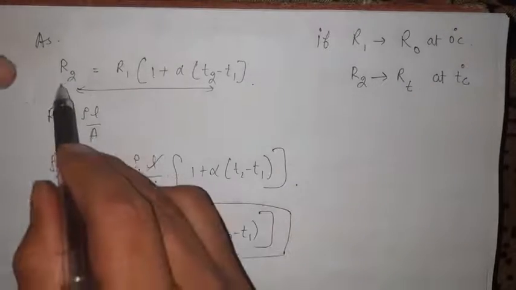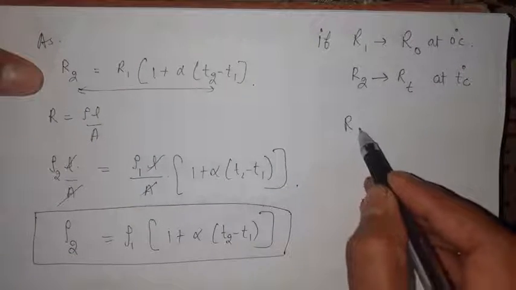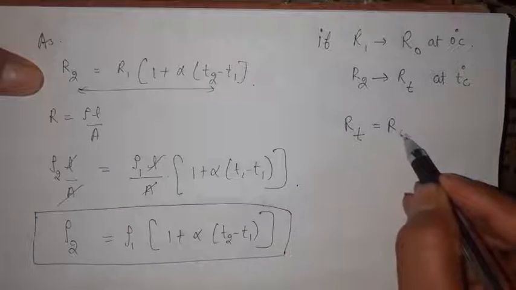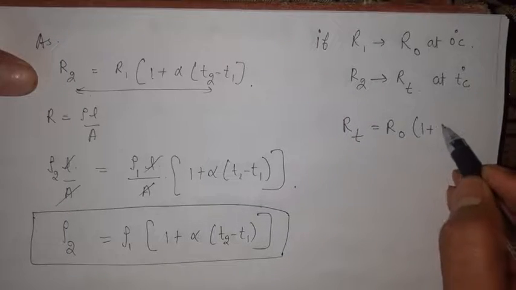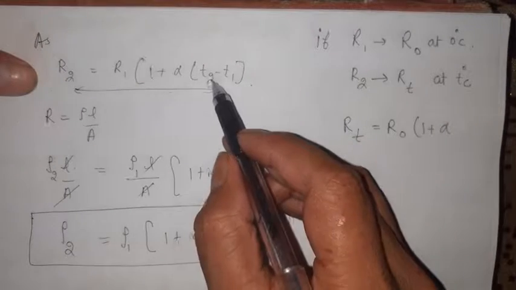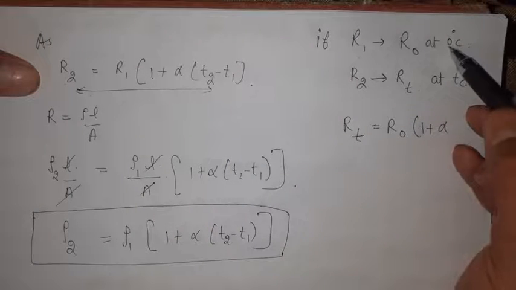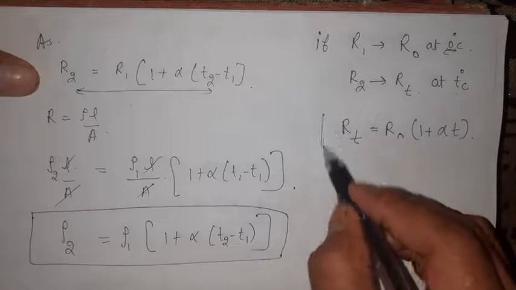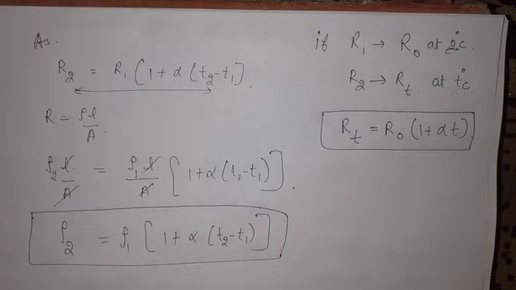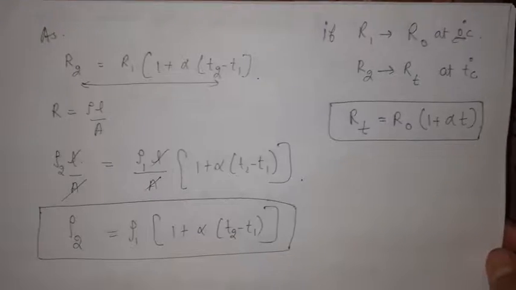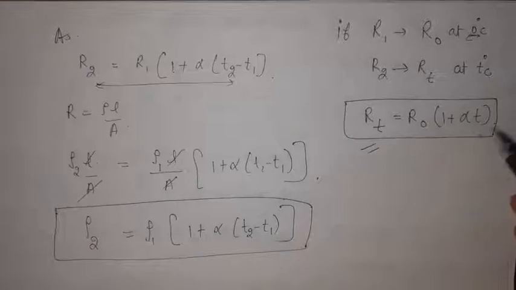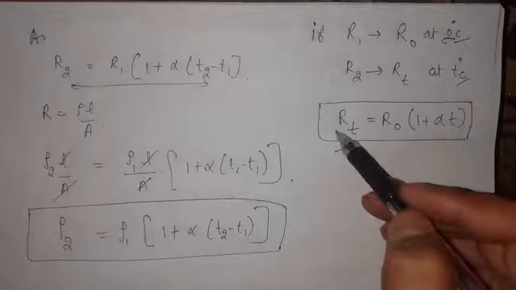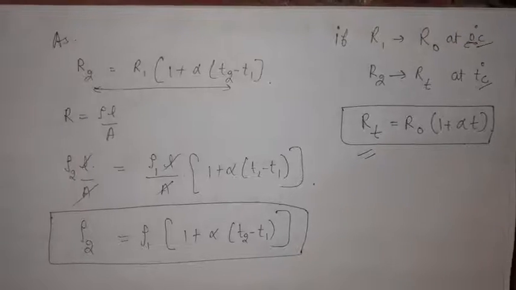Then the formula is RT is equal to R0 into 1 plus alpha into T2 minus T1, where the initial temperature is 0 and the final is T. You can use this when the initial temperature is 0 degrees Celsius and you want the resistance at temperature T. This is given by the formula.